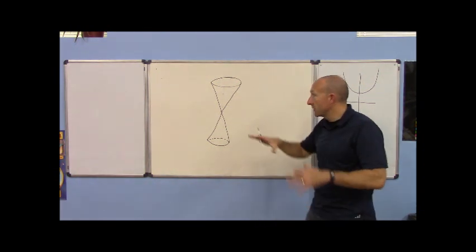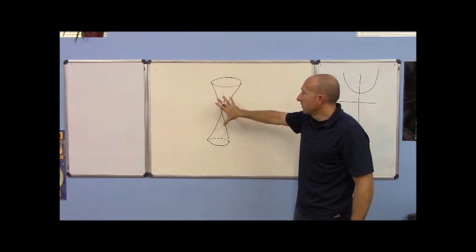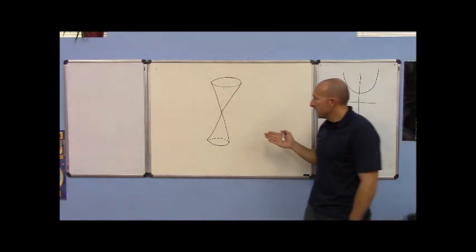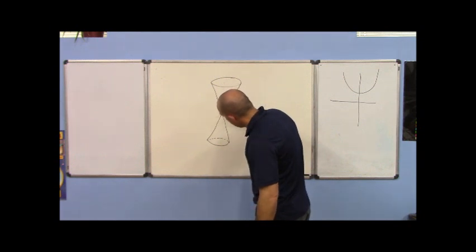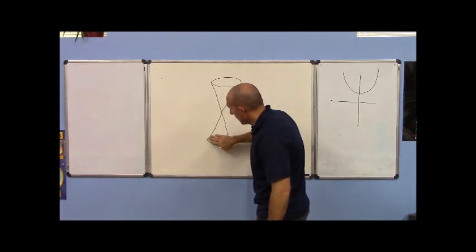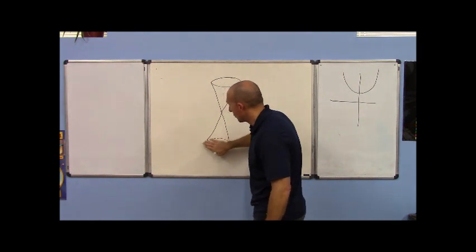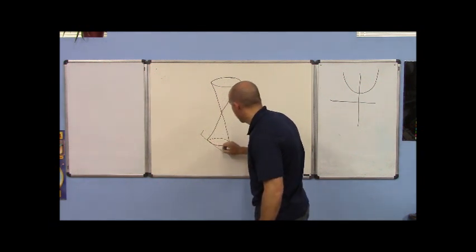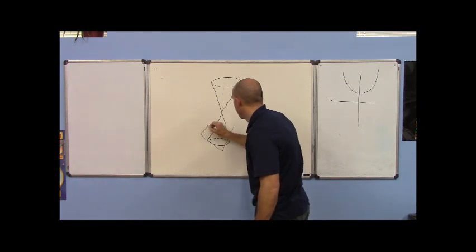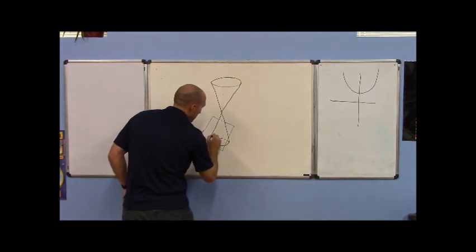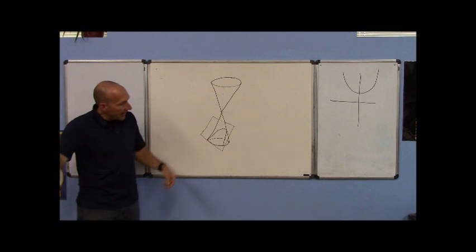We're looking at our conical figure here, and now we're going to take a piece of paper that is going to come in from the back side, but then as it cuts through this cone at an angle, it's going to leave the cone through the edge of the cone.